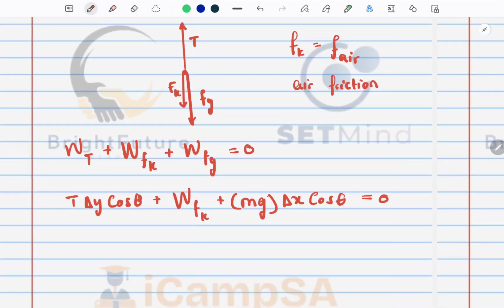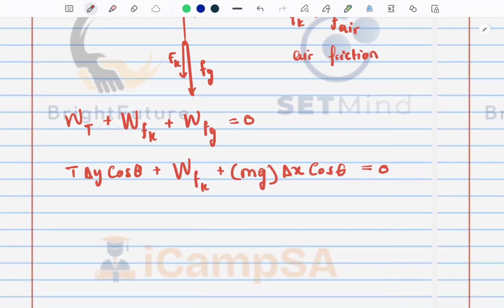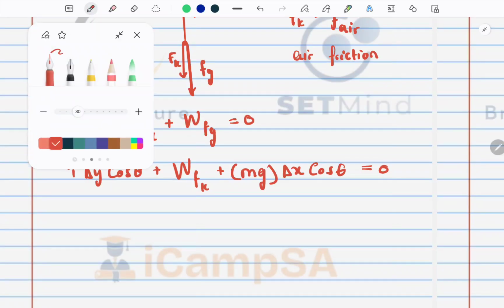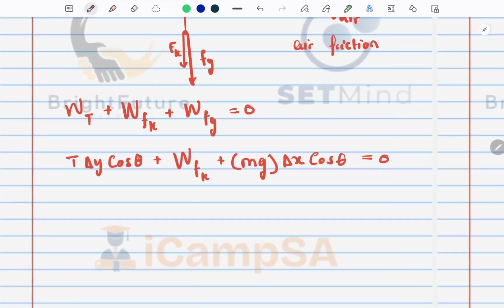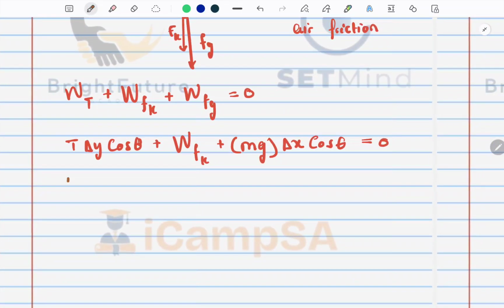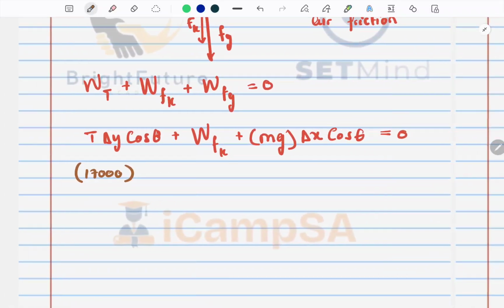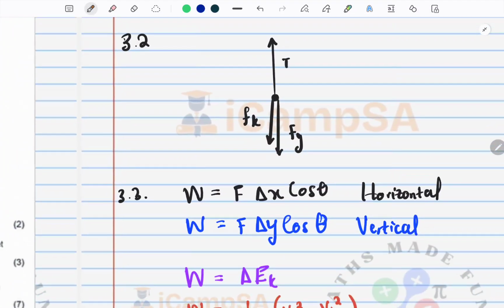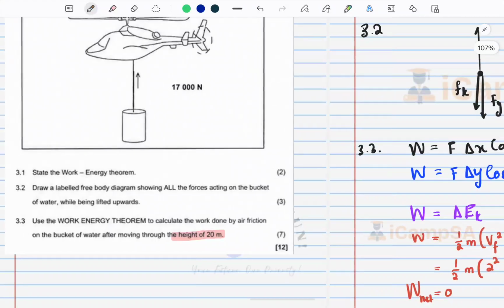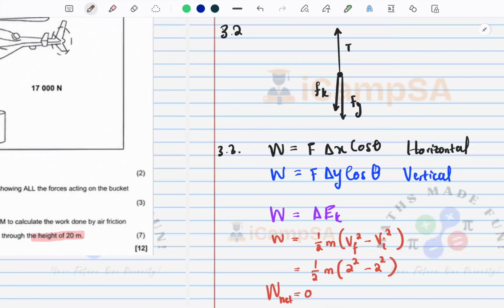Okay, then from this we can do our calculation. Let's go and check this out. We know that T is 17,000, and then they said our y here is 20 meters, after moving through a height of 20 meters.